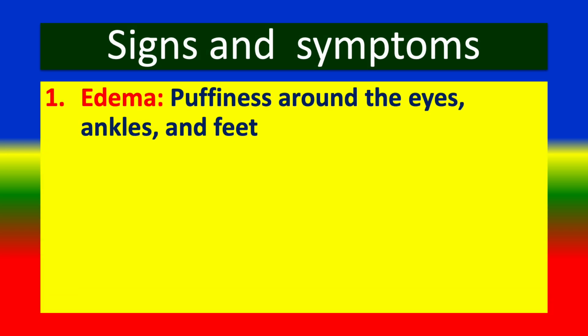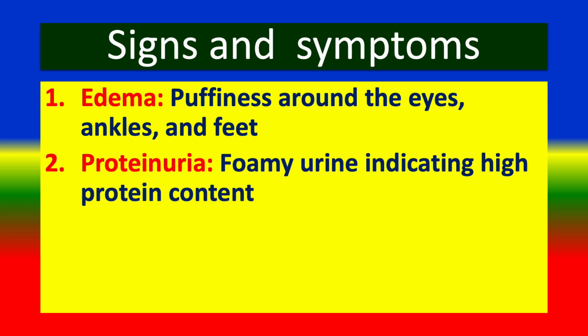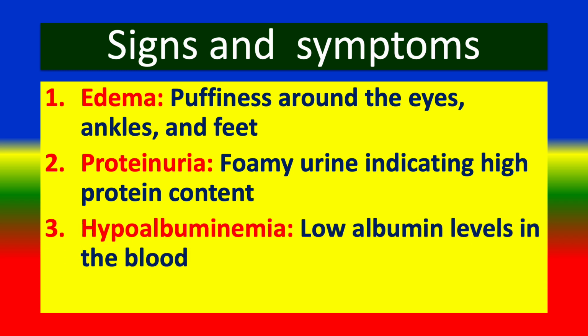Signs and symptoms. 1. Edema, puffiness around the eyes, ankles and feet. 2. Proteinuria, foamy urine indicating high protein content. 3. Hypoalbuminemia, low albumin levels in the blood. 4.